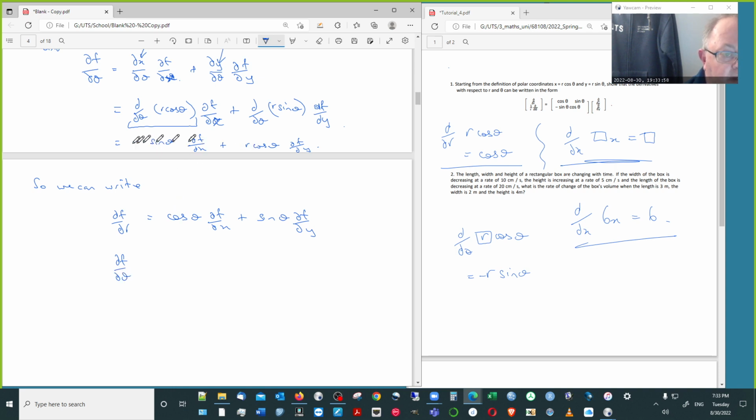If I divide through by r, I'll get 1 on r out the front here. And so on the right hand side you won't get the r term, so we'll get minus sine theta plus cos theta.